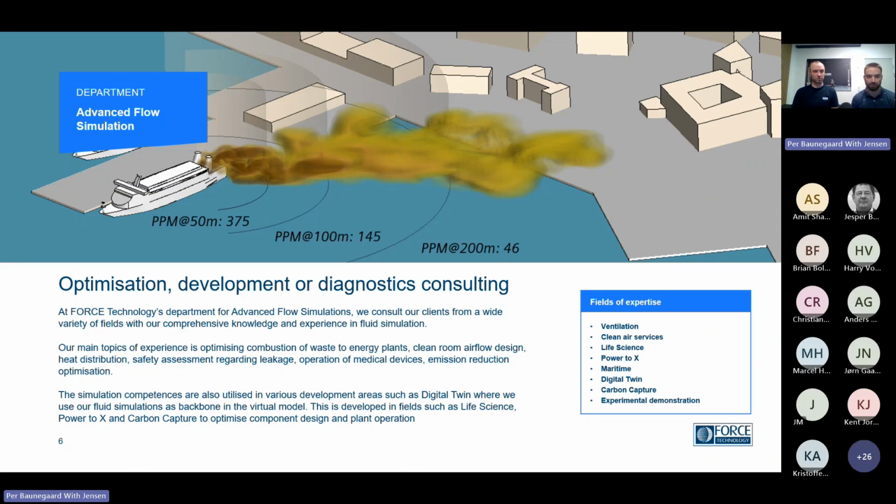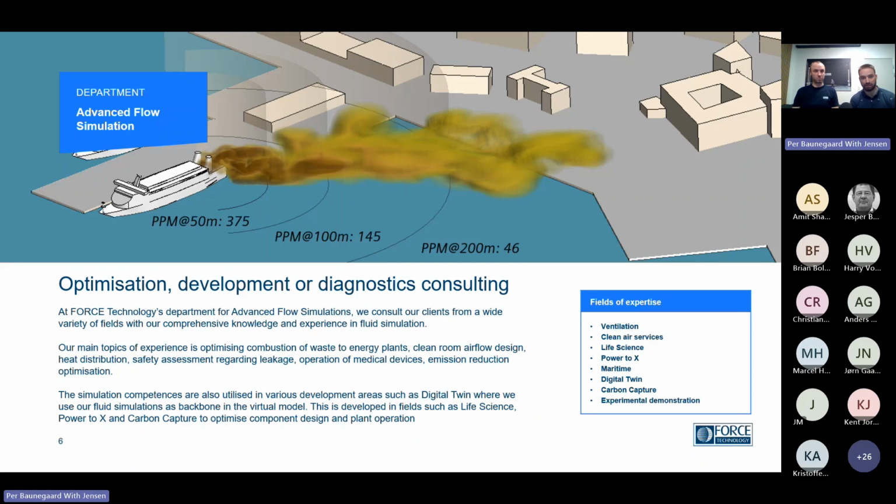And as a few examples, we do optimization of waste to energy combustion chambers. We do designing of airflow in a clean room for life science, and baseline optimization of operation of medical devices, emission reduction.